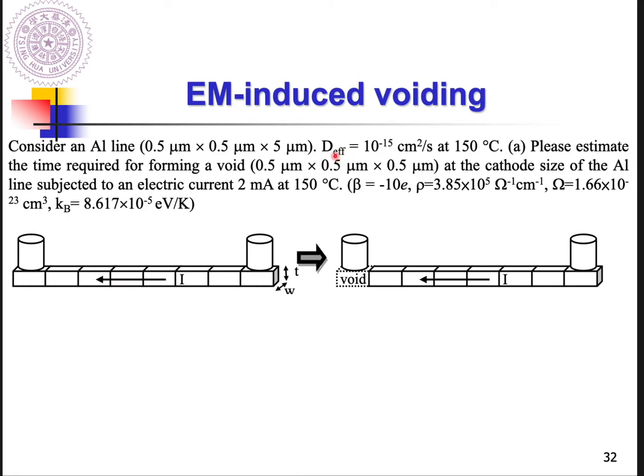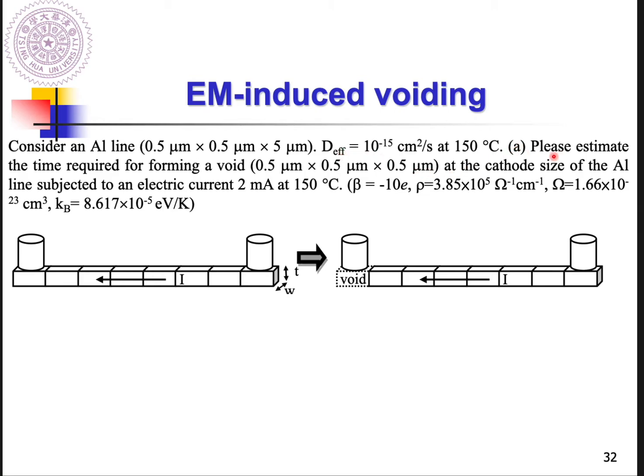And the effective diffusivity is 10 to the minus 15 centimeters squared per second at 115 degrees C. The effective diffusivity means we measure the diffusivity on this alumina line, that we got this effective diffusivity. Or some people call it apparent diffusivity.